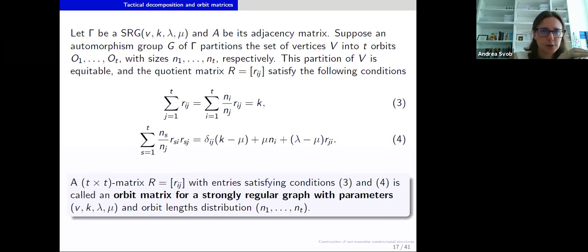Tactical decompositions of designs are here an equitable partition. So quotient matrices and orbit matrices of strongly regular graphs are actually analogous to orbit matrices of designs, but here we are interested in graphs.